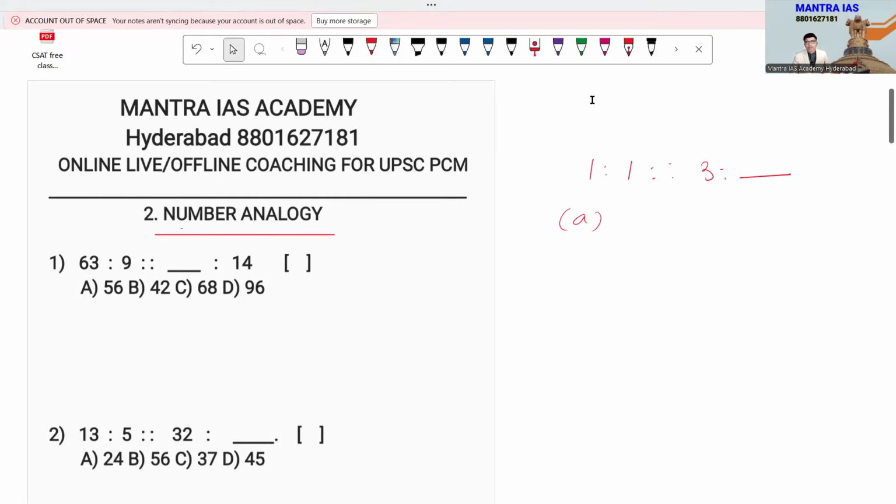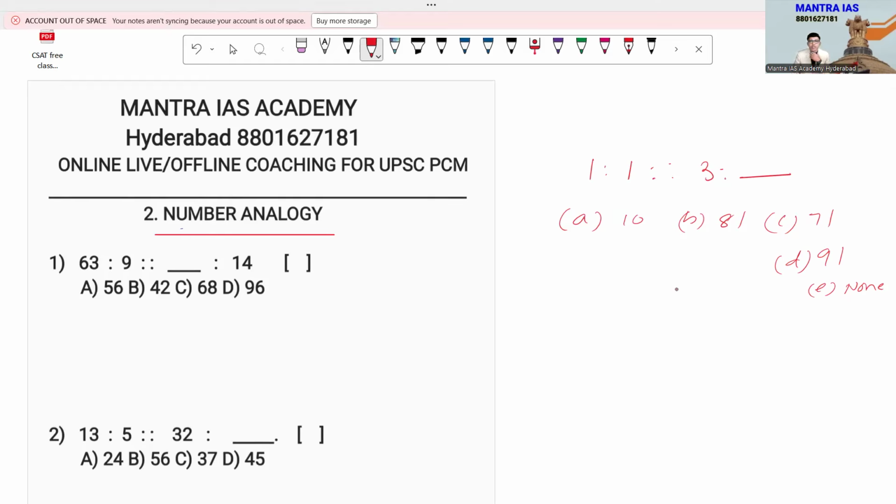Options, my youngsters, are a very important point. Option A, 10, option B, 81, C, 71, D, 91, E, none. You can take 5 options like that.